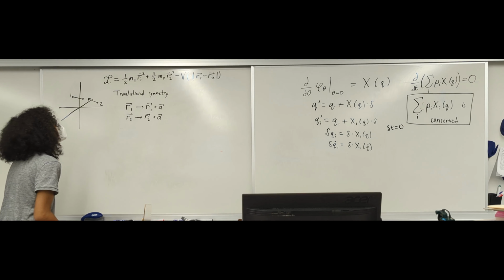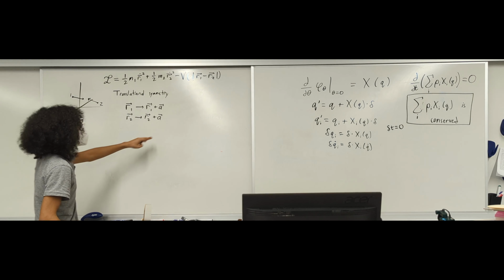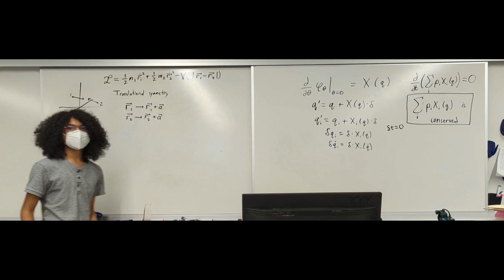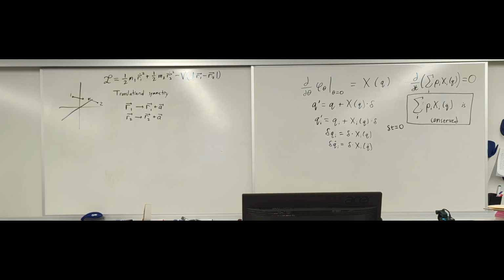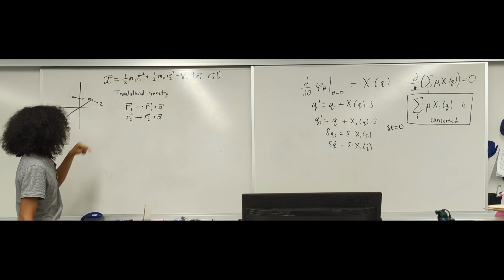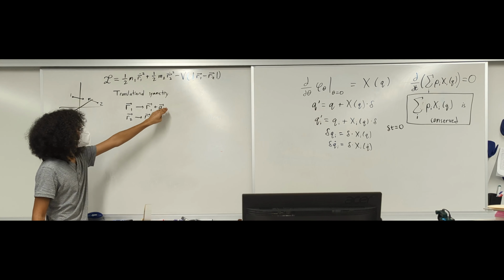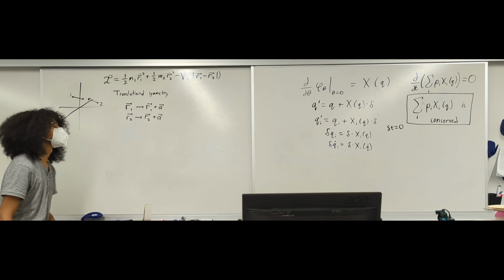Okay. And translations also preserve lengths in this manner. So the Lagrangian is invariant under these translations, and there are again 3 of them because we have 1 for each dimension.